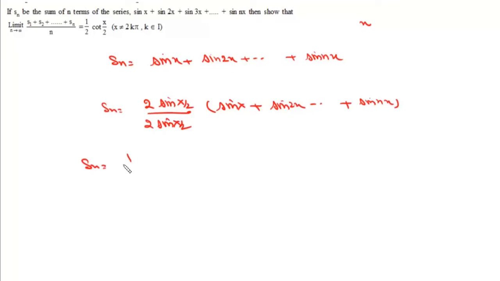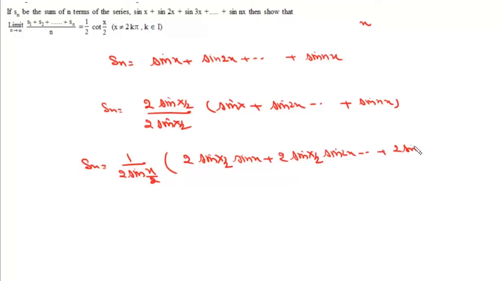Now this is 1 upon 2 sin x by 2 and will be 2 sin x by 2 into sin x, 2 sin x by 2 into sin 2x, 2 sin x by 2 into sin nx.